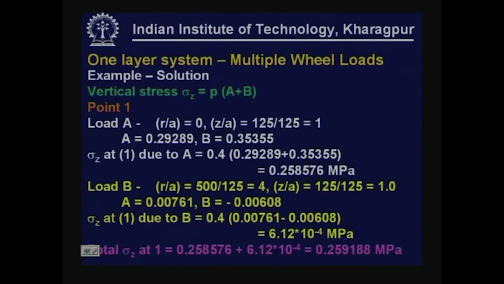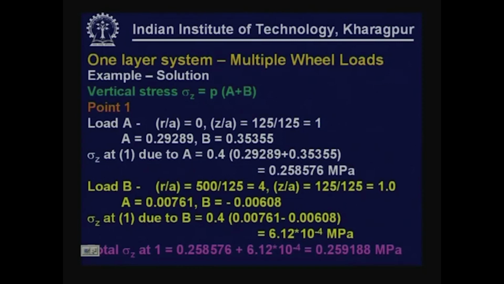Similarly, for load B, R by A equal to 500 by 125. If we refer to the figure, we will know the radial distance is 500 divided by 125, that becomes 4. Z by A is again 125 by 125, that is 1. So, the coefficients for load B, A is 0.00761, B is minus 0.00608. For this, the vertical stress, of course, we can see this is very small, 6.12 into 10 to the power minus 4 MPa.